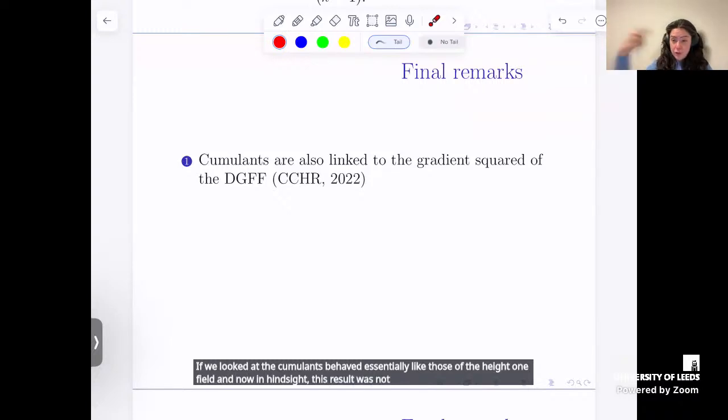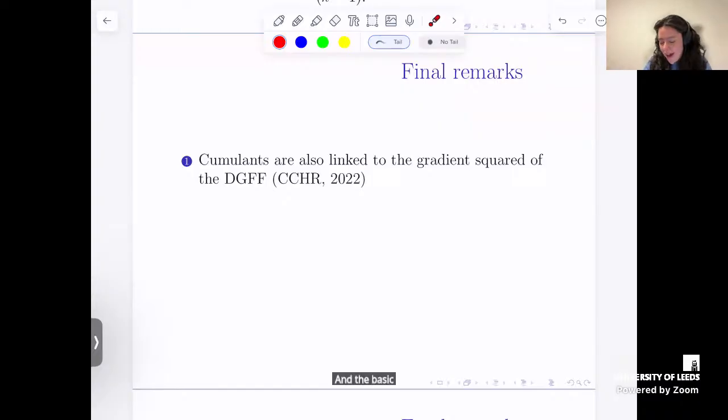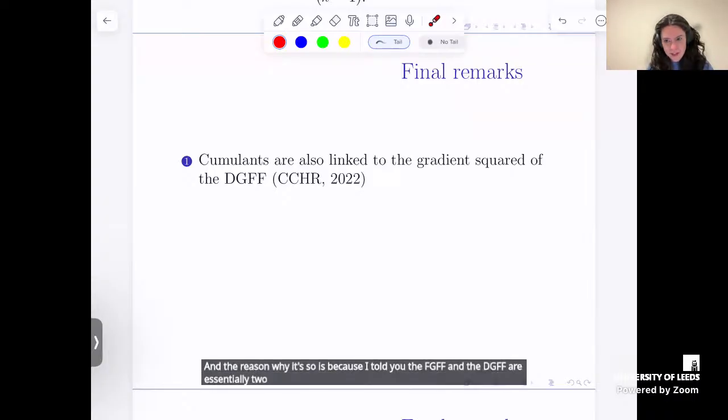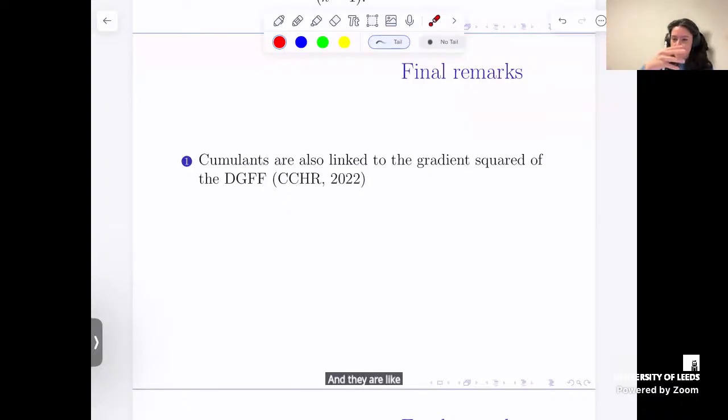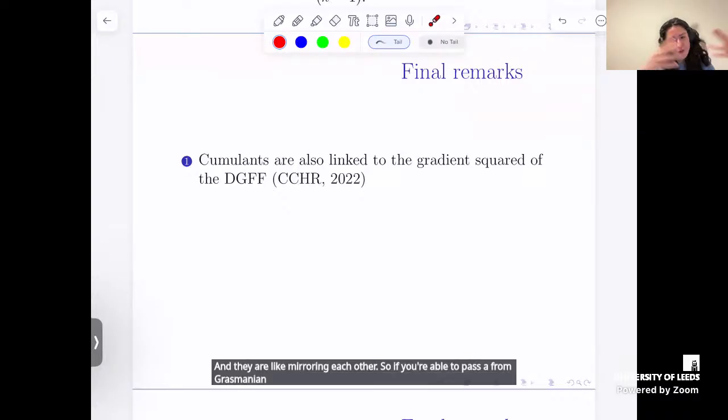You can actually reprove this result by using our fermionic result. The reason is that the FGFF and the DGFF are essentially two sides of the same thing, and they are like mirroring each other. So if you're able to pass from Grassmannian to classical calculus and back, that's why we got the first result on the gradient squared of the DGFF.